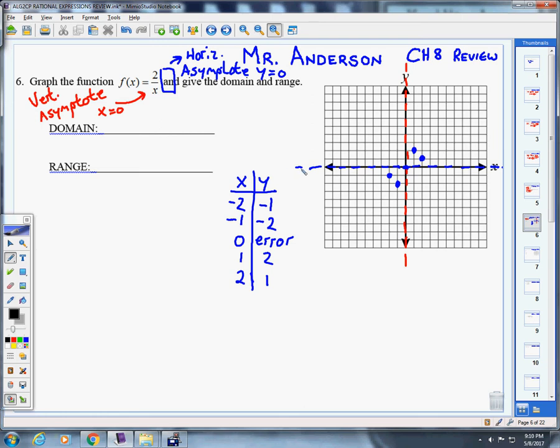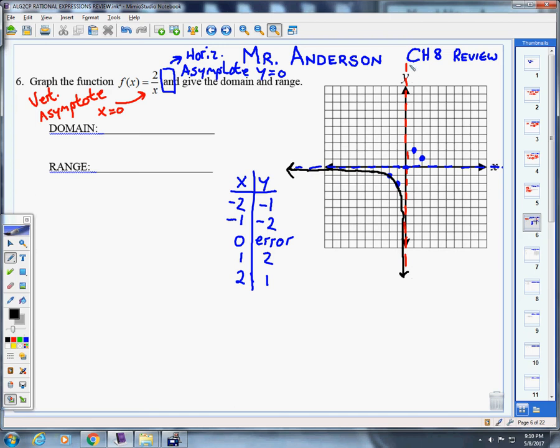Like I was saying, out here, as you get closer and closer towards negative infinity, you get closer and closer to this horizontal asymptote, but never actually touch it. I want to show that I'm really close to this horizontal asymptote, never touching it, and then I kind of pull away from it a little bit. I curve through, hit these 2 points, and then curve around and get closer and closer to the vertical asymptote.